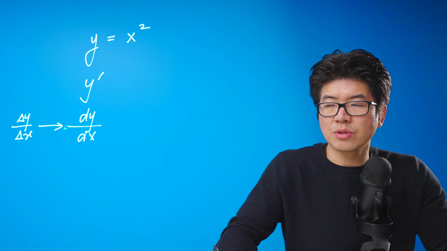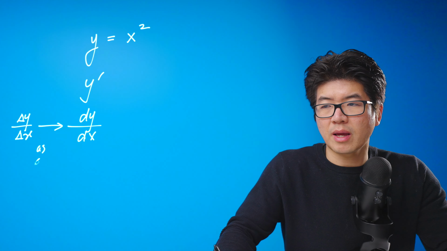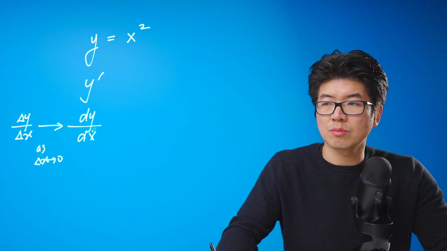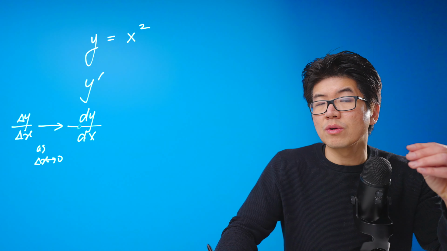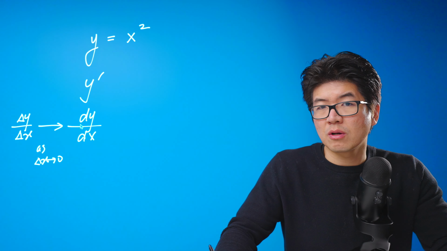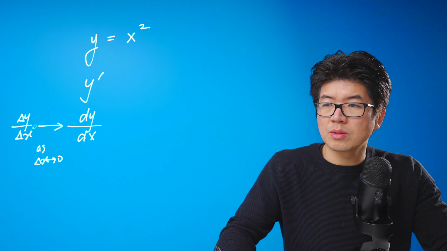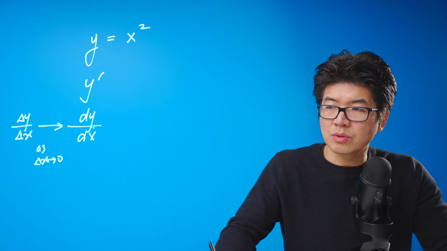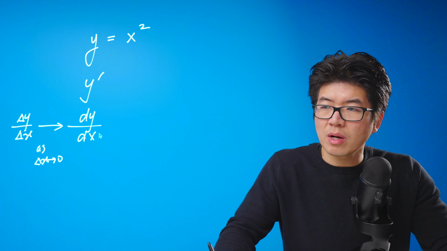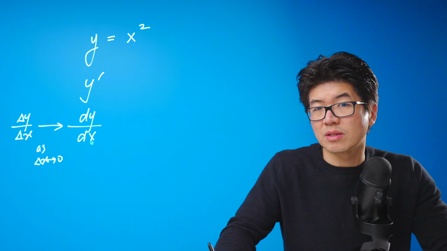This converts into this as the delta x gets really small. So remember, derivative was equivalent to instantaneous rate of change of a function at a particular x value. So it's more similar to that notation. This actually better describes what derivative is.